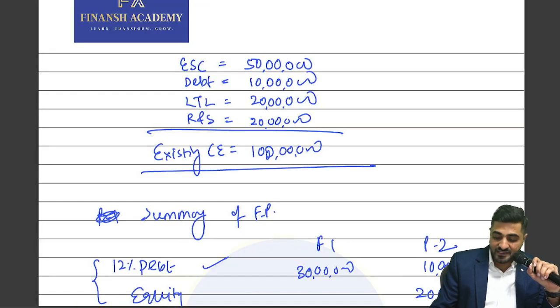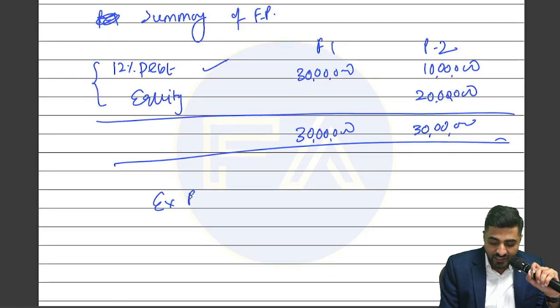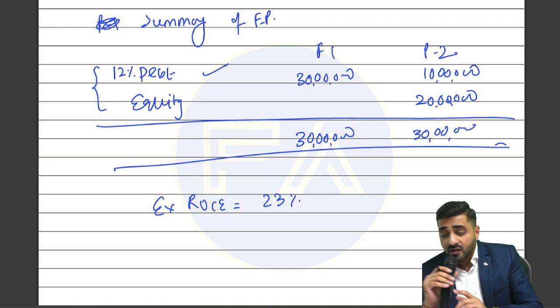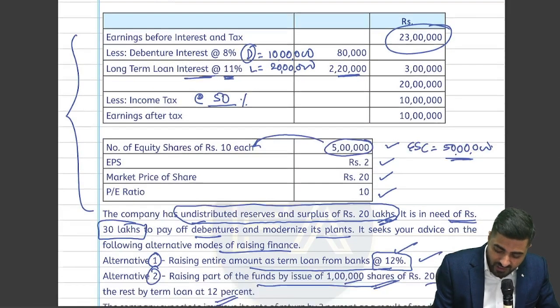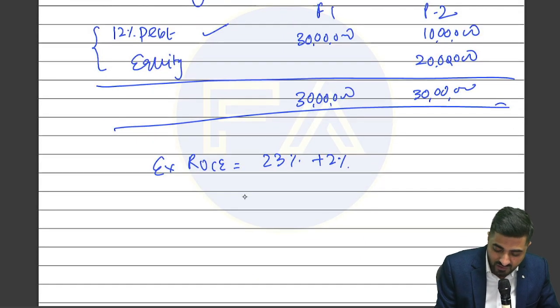And what is your existing capital? 1 crore. What is your existing return on capital employed? But after expansion, will you continue with 23%? No, why? Because they have told you there is going to be an increase of 2%. Now this will be 23% plus 2%. How much is this?